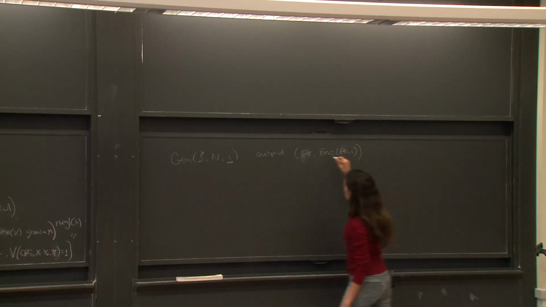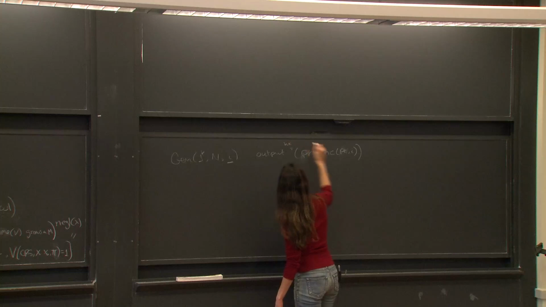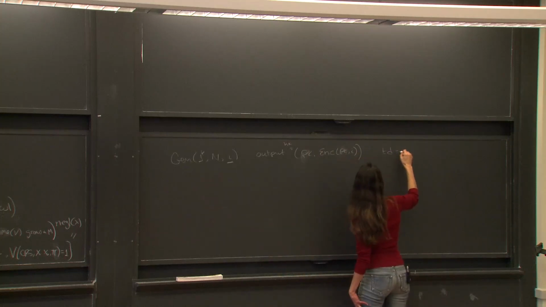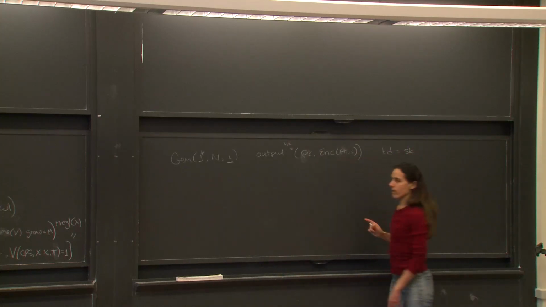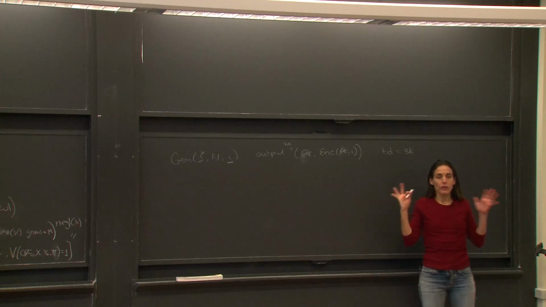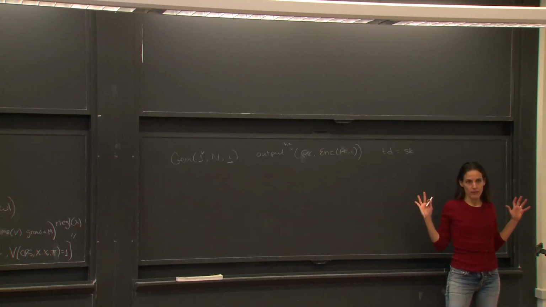And the trapdoor is going to be the secret key. So the hash key is going to be an encryption of the index.